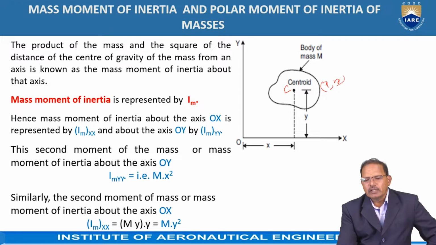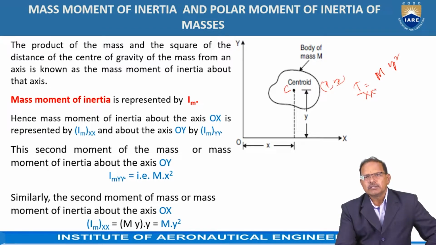The mass moment of inertia of the body with respect to the x-axis is the product of mass and the square of the distance between the center of gravity and the reference axis. That means I is equal to mass into the square of the distance, equal to y square. Since we have taken the reference axis as the x-axis, it is generally represented as Ixx, which is equal to m y square.